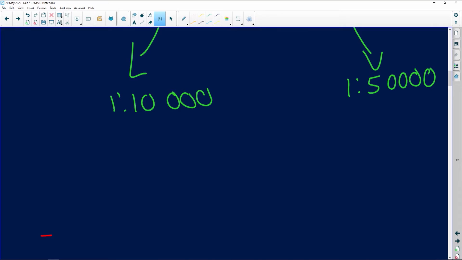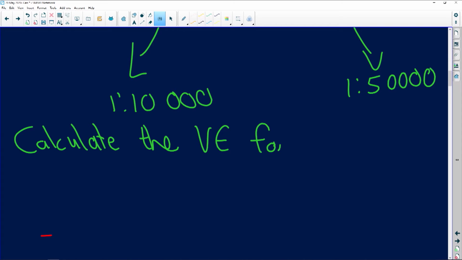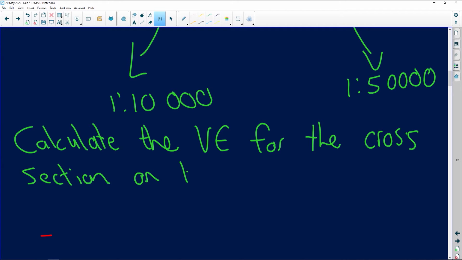So let me give you an example of the question that's going to be asked. The question is going to be: calculate the vertical exaggeration for the cross section. Let's assume a cross section was asked on the topographical map.